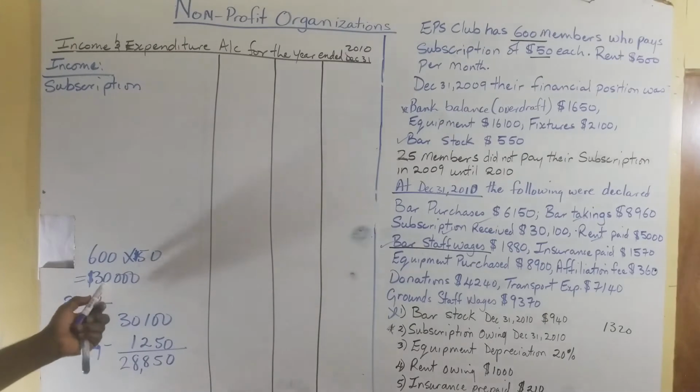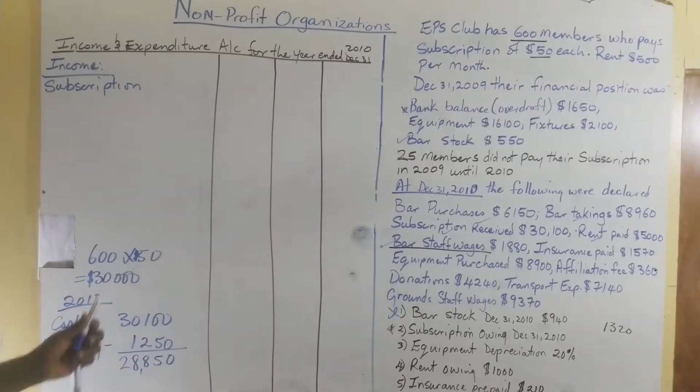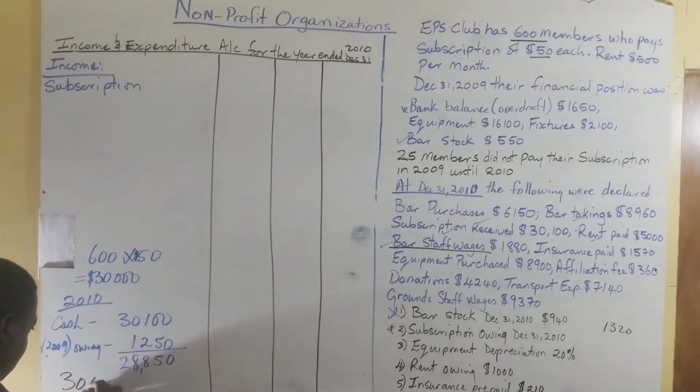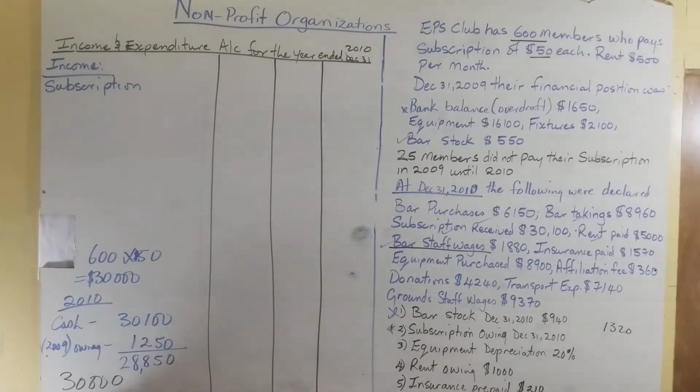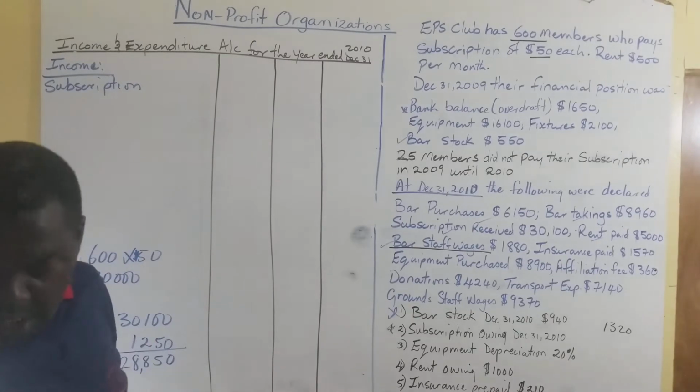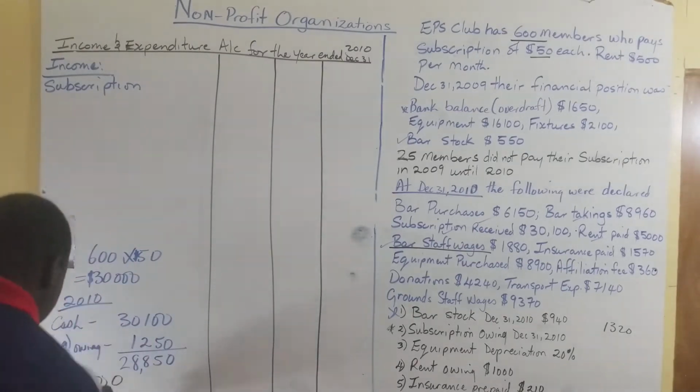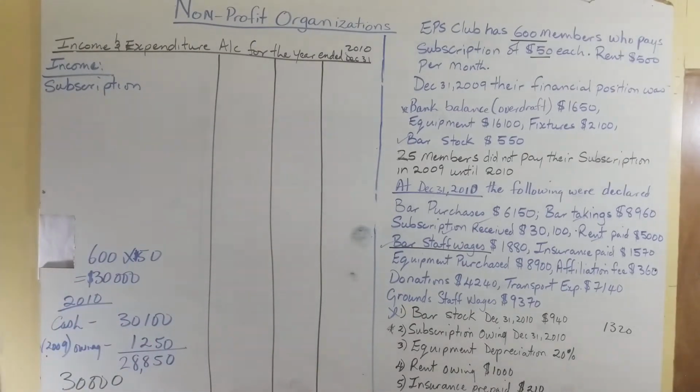Since we are supposed to get at the end of each year $30,000, and what we have received for 2010 is 28,850, what we're going to do is 30,000 minus the 28,850, and that will tell us what is owing. This would give us 1,150.